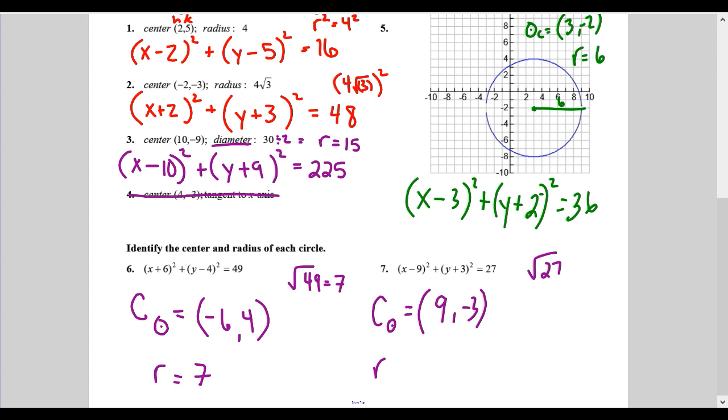Does anyone know how to simplify that? This is 3 and 9, right? 3 and 3. So this can pop out a 3. So 3 square root of 3 is the simplified square root of 27. Okay? Alright, that's equations of a circle. Thank you.